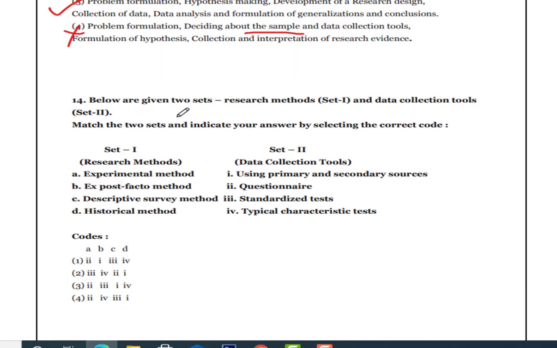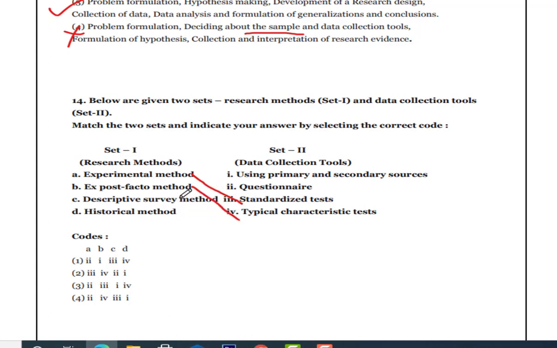The next question: below are given two sets, research method and data collection tools. Match the two sets and indicate your answer by selecting the correct code. Here set 1 indicates the research method and set 2 indicates the data collection tools. For the experimental method we are using standardized test, and in the ex post facto method we are using typical characteristic test.